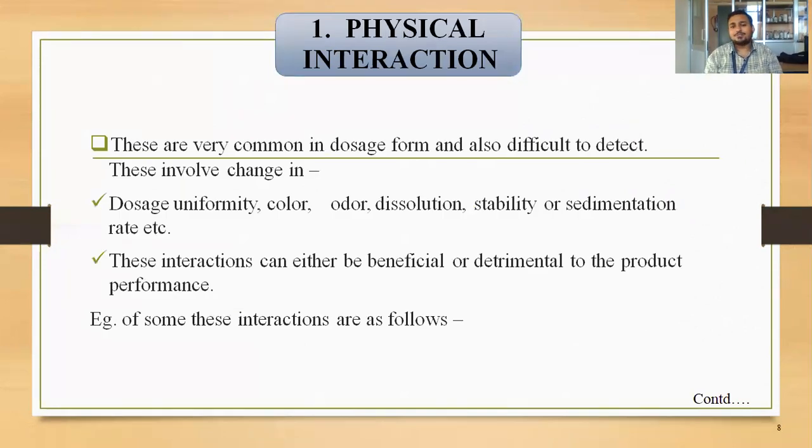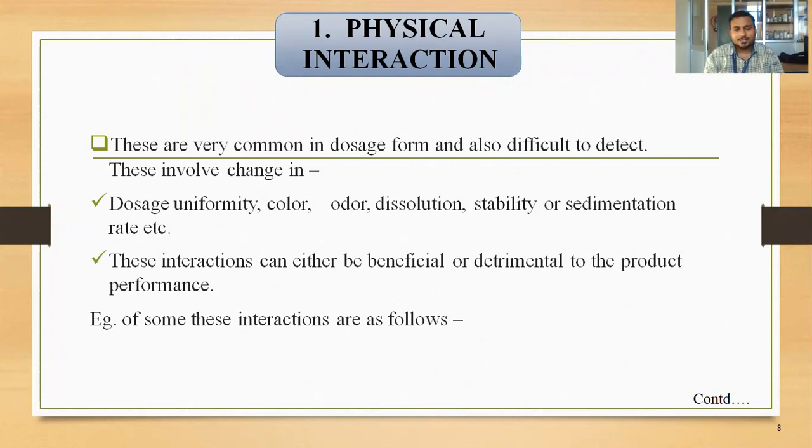These are very common in dosage forms and also difficult to detect. So what is the physical interaction? That is dose uniformity, color, odor, dissolution, stability, or sedimentation rate. These are the factors of physical interaction.